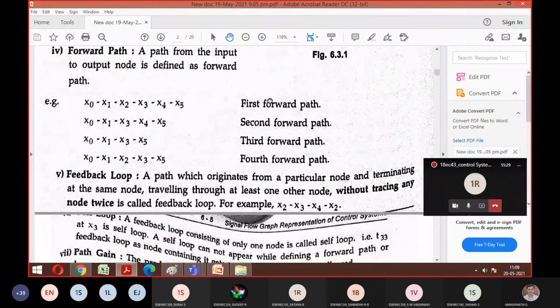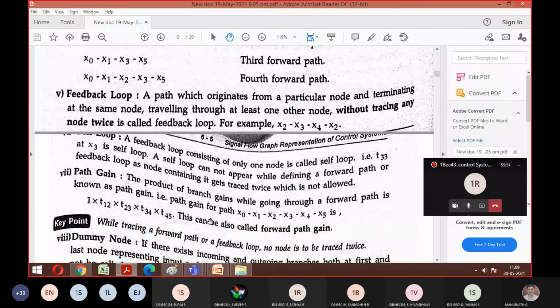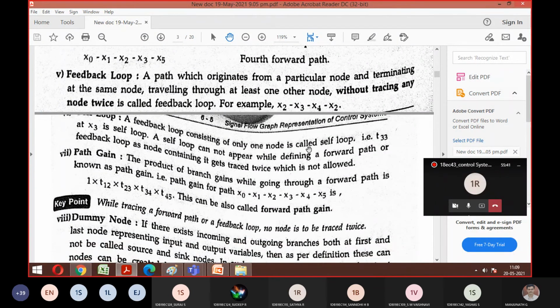You can consider all of them also; they have only shown an example. However many forward paths you have, that much gain you are supposed to multiply.